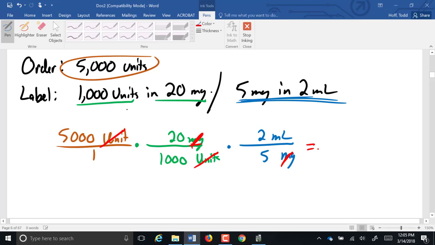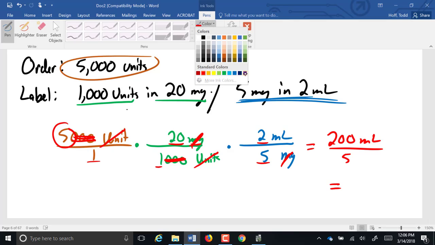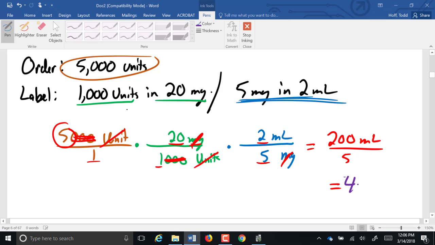Milligrams cancel out. Now again, we could do some reducing here, and I'm going to, just because I've got the 1,000 and 5,000, I'm going to divide out by 1,000, taking those 3 zeros off. So this is now 5 times 20 times 2, which is 200 milliliters. Now on bottom, this is 1 times 5, which is 5. That divides out to give us 40 milliliters.